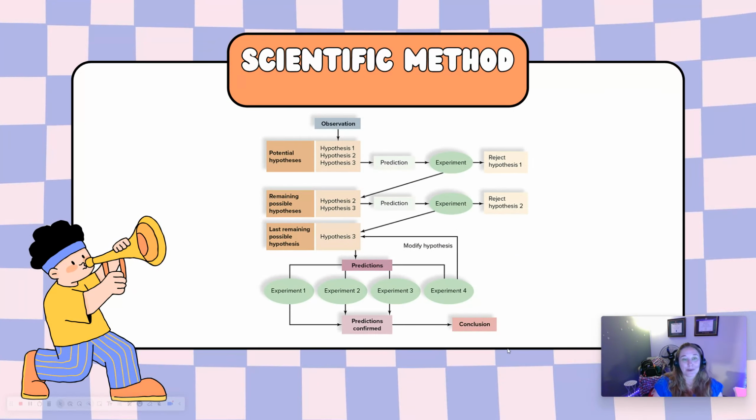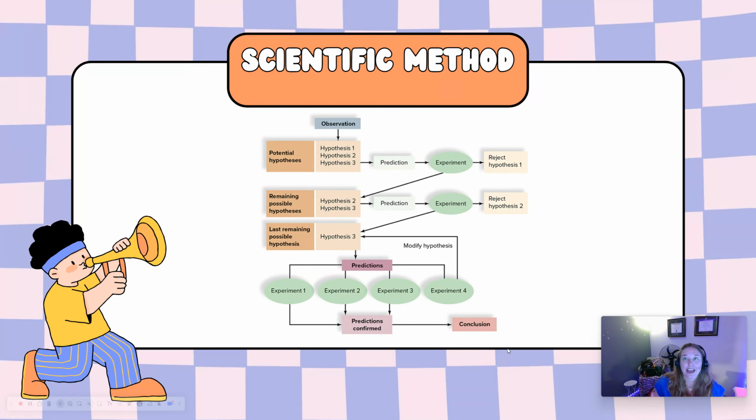Last up, and overlapping with our lab, is, of course, the scientific method, that very step-by-step process in which scientists make an observation about the world around them, ask a question that they want to answer, come up with a hypothesis or sort of predict what could happen, design an experiment where they only change one independent variable, they account for or control all other aspects of the experiment, they record data on the dependent variable, or the thing that is going to change because of the independent variable.